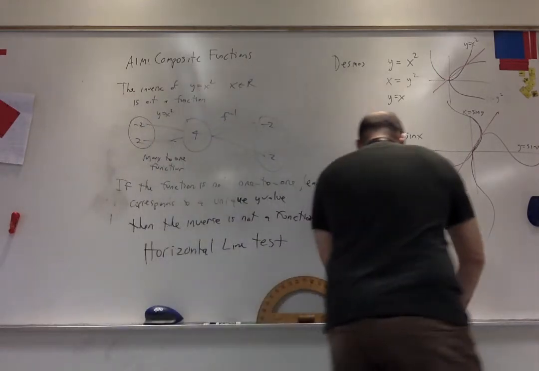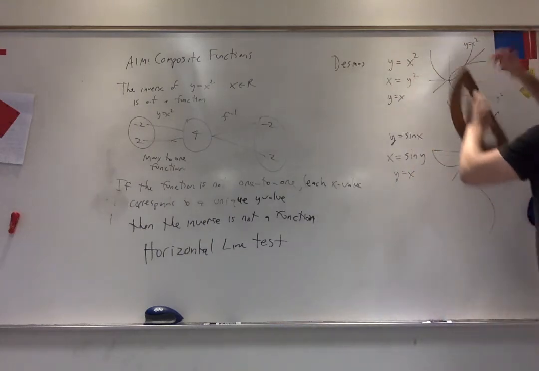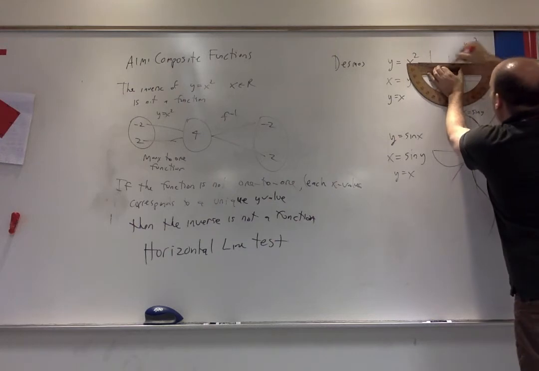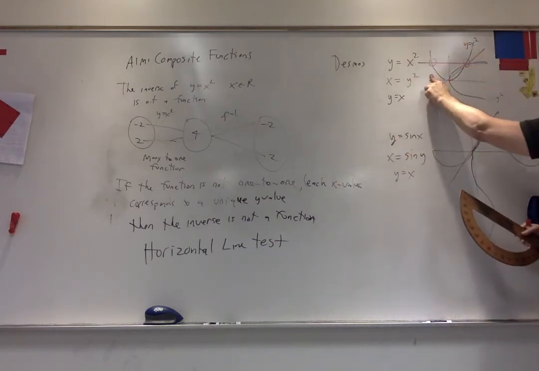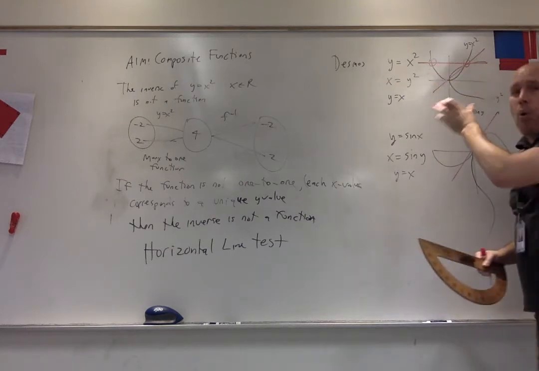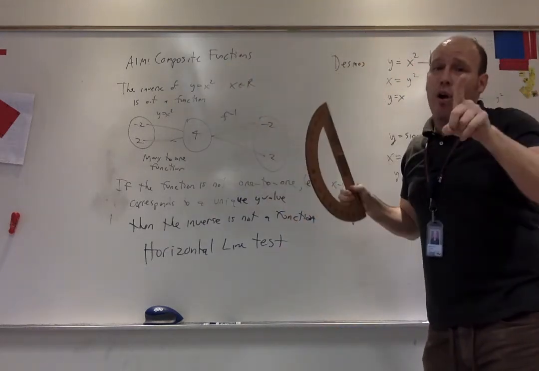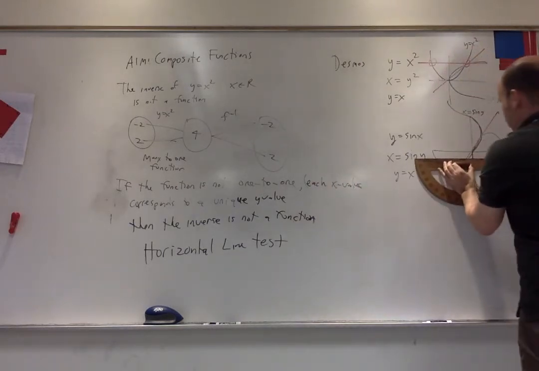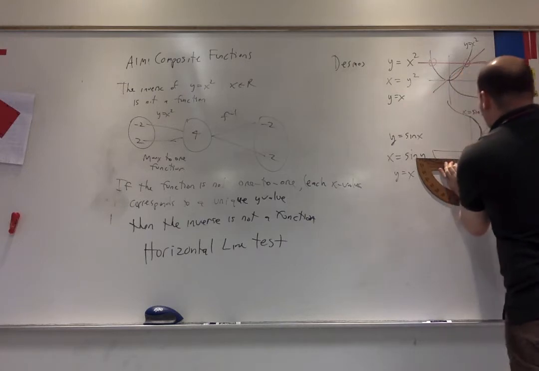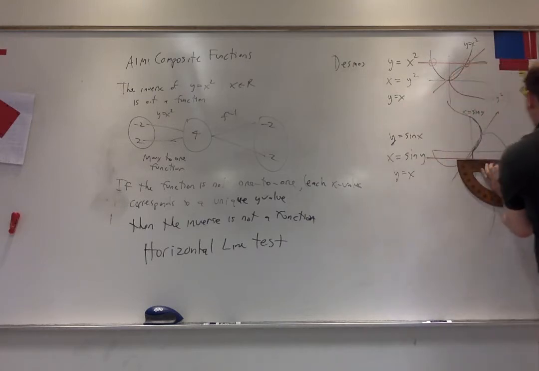Simply take your ruler and draw a horizontal line and say, oh, you know what? There are 2 x values that correspond to the same y value. That means that y value is going back to 2 x values? No good. What's going on with sine? Well, you learned last year, sines repeat. Look at all these x values, you have the same y value.